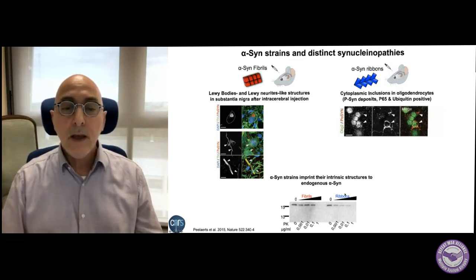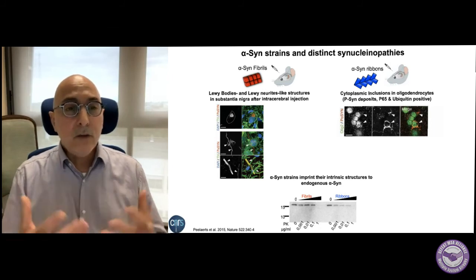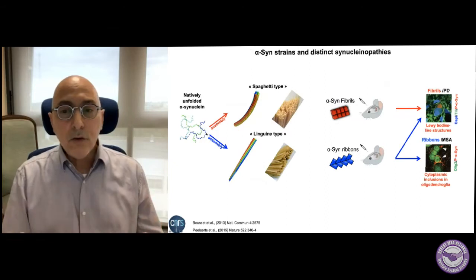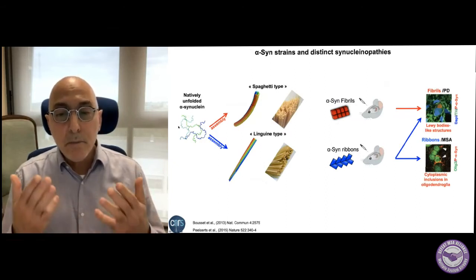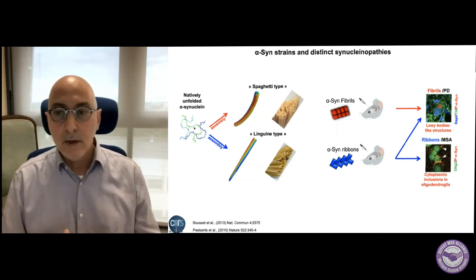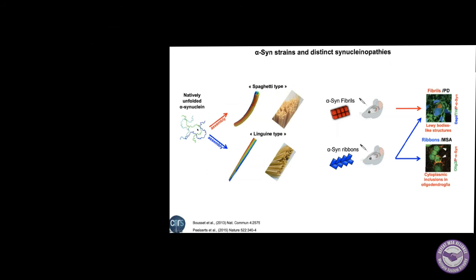In other words, the exogenous fibrils are imprinting their properties to the endogenous alpha-synuclein in the brain of animals. So there is templating.